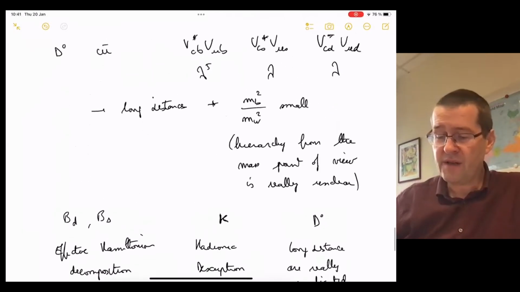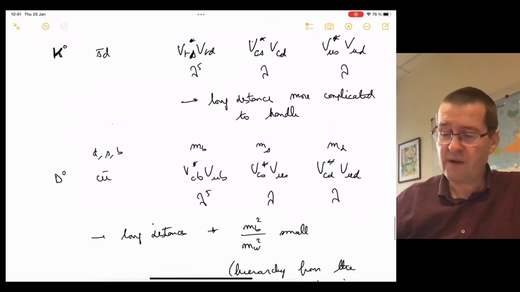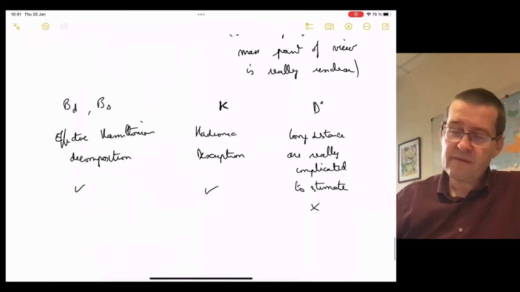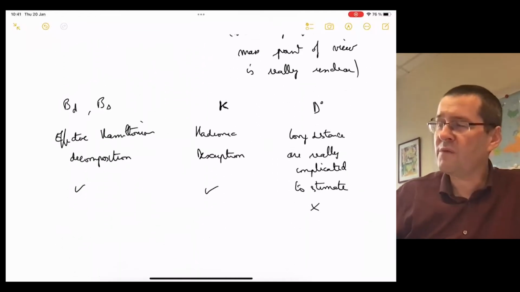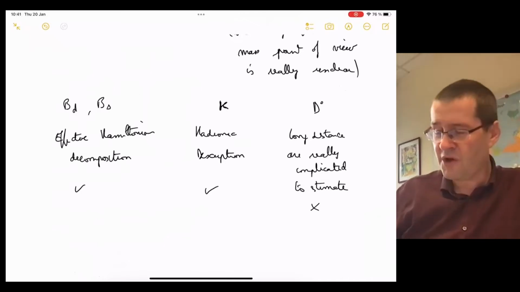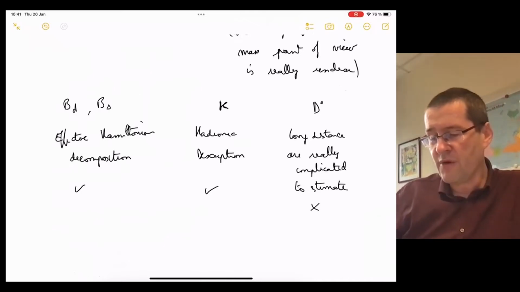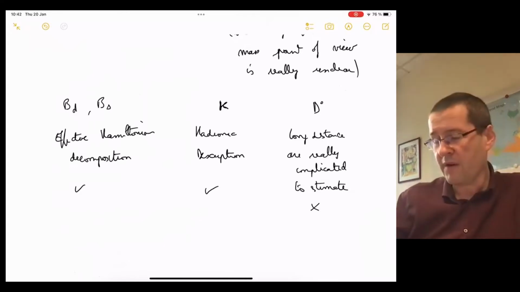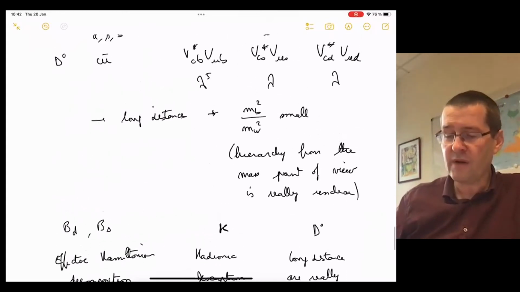So D0, okay, sorry, I was about to say something which was not correct. D0 is, in a very good approximation, a 2x2 system, so the b quark is playing a very limited role here.